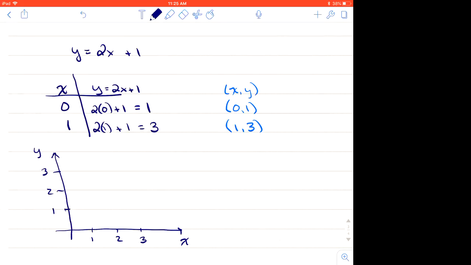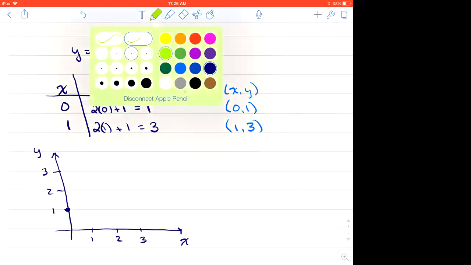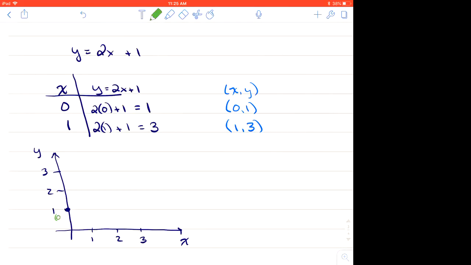All right, so let's plot these points. And so we have a point at 0, 1, so where x is 0 and y is 1. I'll do a little darker green. 0, 1, that's this point here. Can you see that?